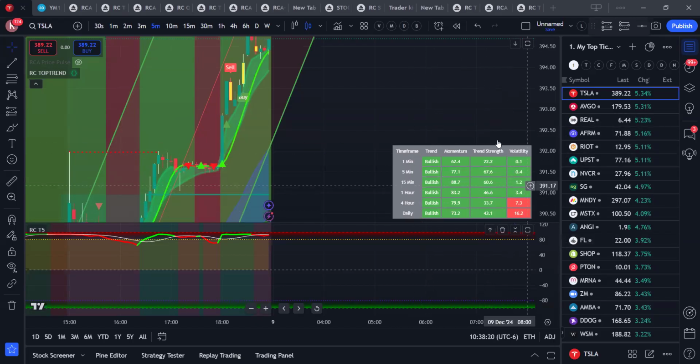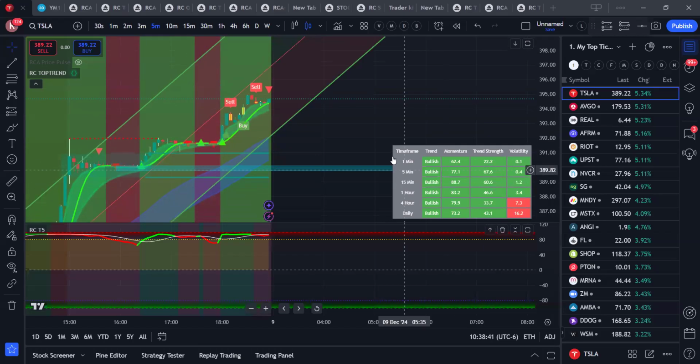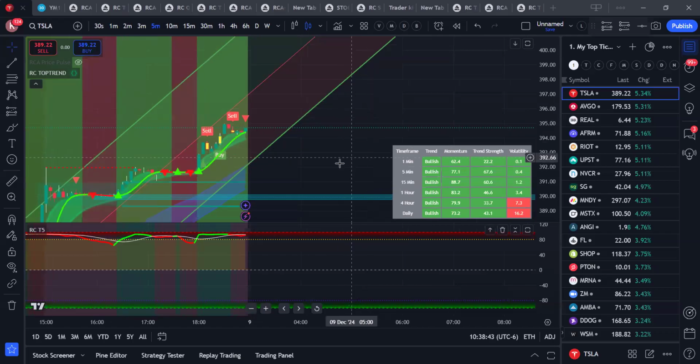You may receive a notification that this is a good one. You may receive a notification for Zscaler also, that is also a good one. But now you will see, okay, where is the strength? Where can I make more profit in a quick time? So this is telling that there is a lot of velocity here, a lot of momentum here. The trend can continue, sustain here. So now you will buy the Tesla stock and you can make nice profits.